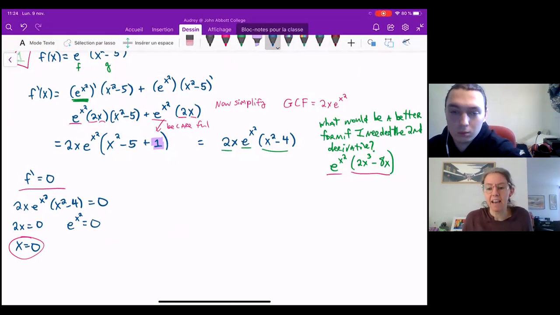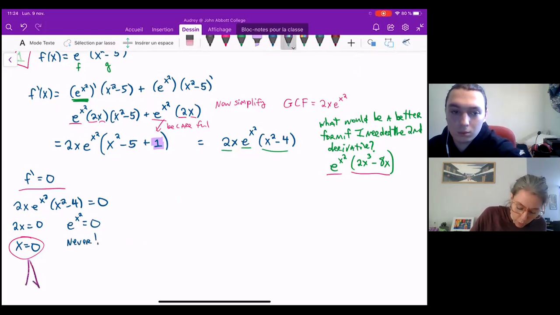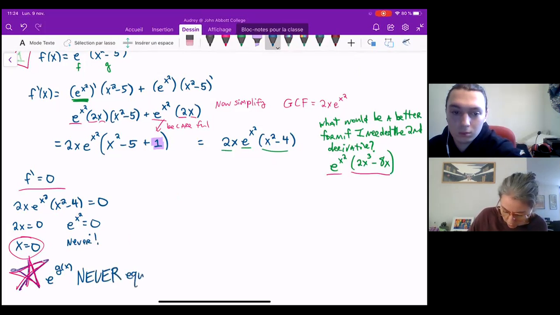E to the x never equals 0. It just can't happen. So down here, we're going to write never. And if that's not something you were comfortable with, you should have a big star because it's something you need to become comfortable with. E to any function will never equal 0. So e to the g of x never equals 0. Know that.